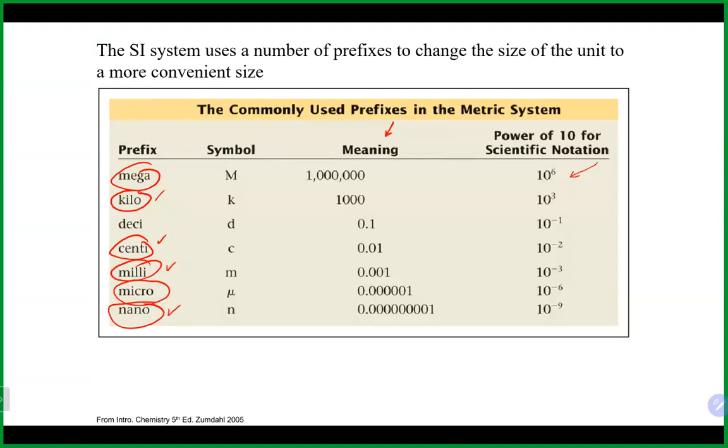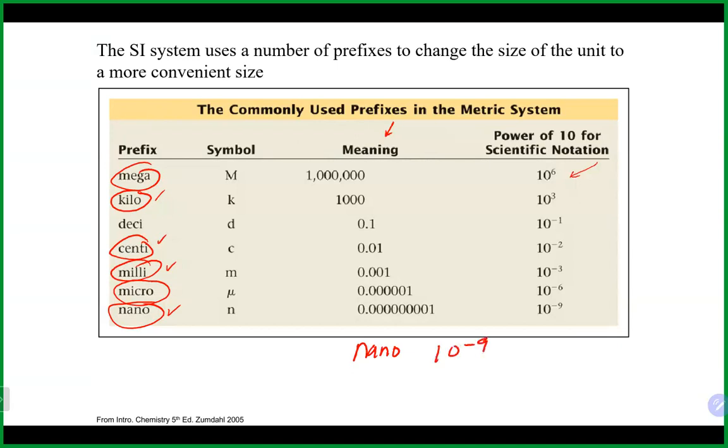Micro and mega, you'll probably see a little bit more in 1A and so forth, and maybe nano as well, but you should probably know this one. When we look at something like nano, which means in this case 10 to the minus 9.